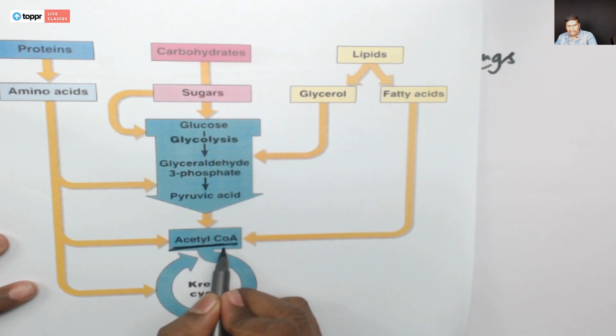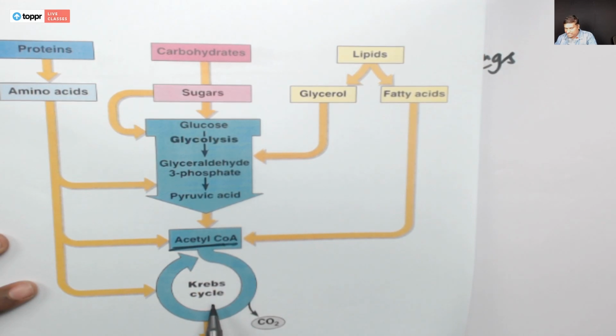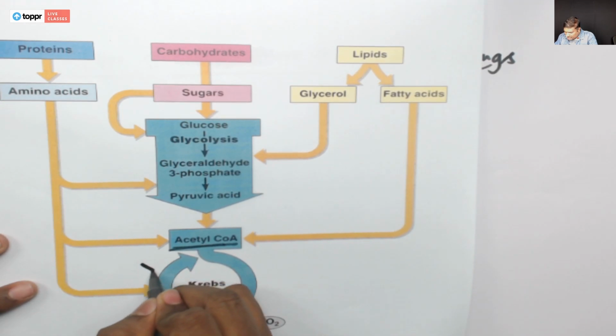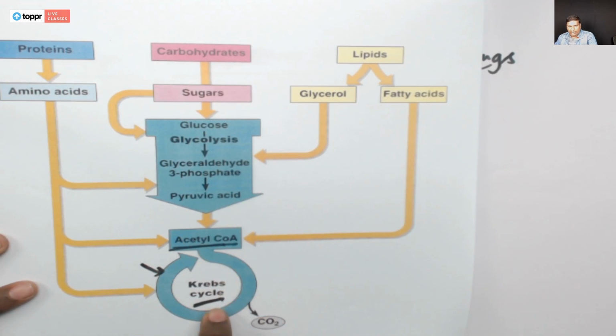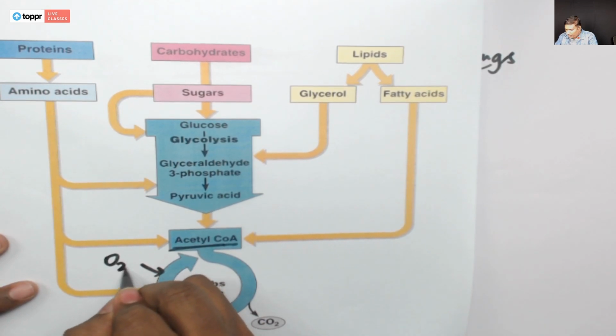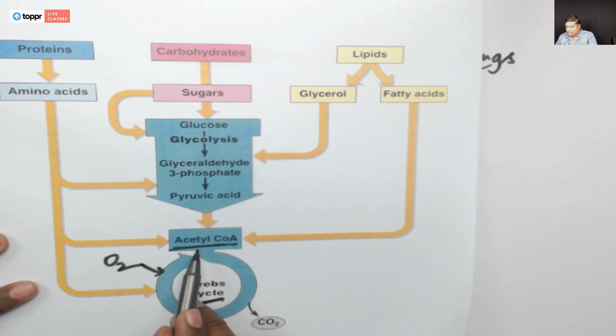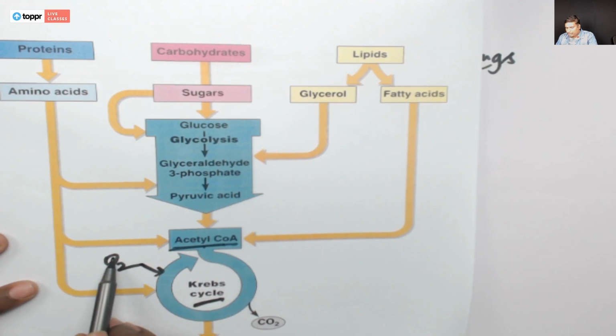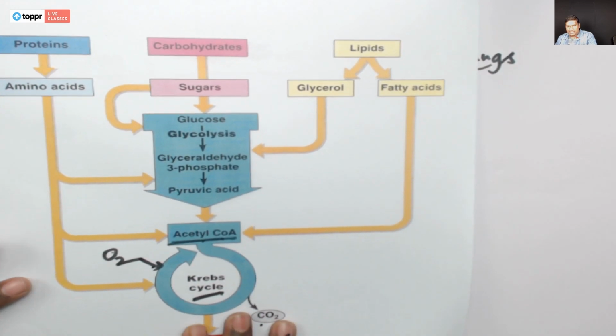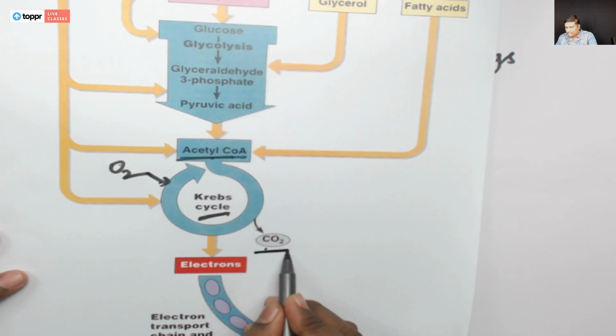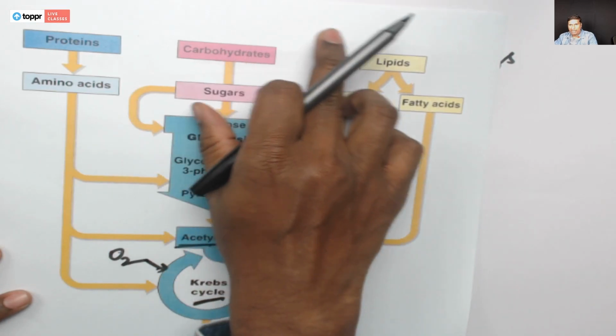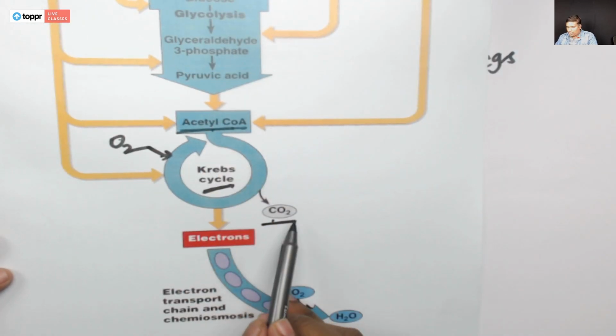This acetyl-CoA will then enter the Krebs cycle, or citric acid cycle, or the TCA cycle, and for the acetyl-CoA to enter the TCA cycle, we need oxygen. Without the oxygen, the acetyl-CoA will not go through the citric acid cycle. Oxygen is getting in and the carbon dioxide is being released out. This is the carbon dioxide which is being generated in the various cells. Whether you take proteins, carbohydrates or lipids, the ultimate product is carbon dioxide.